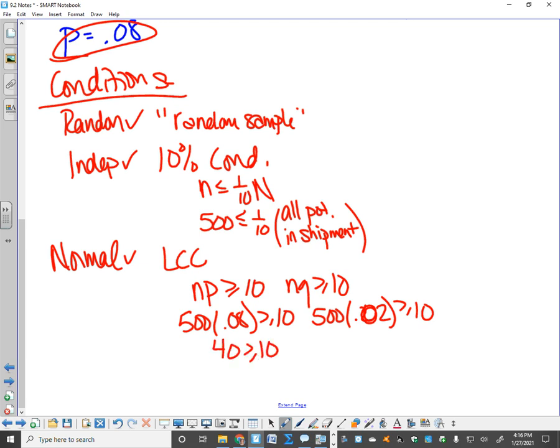And no, that's not 0.02. Sorry, the not of 8% is 92%. My bad, I was thinking 80%. 500 times 92% is 460. And it makes sense that 460 and 40 add up to 500. Those are my conditions. All right, what's next?